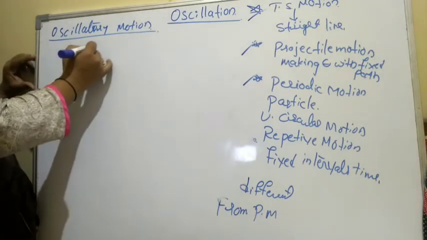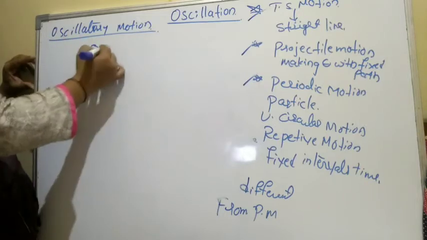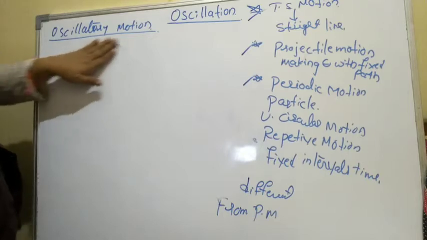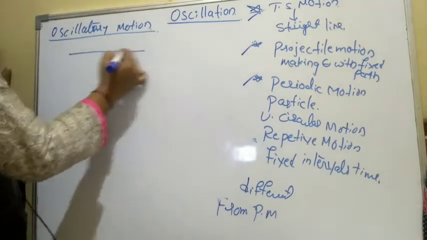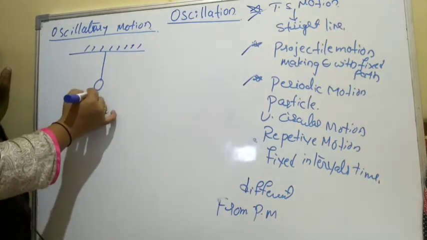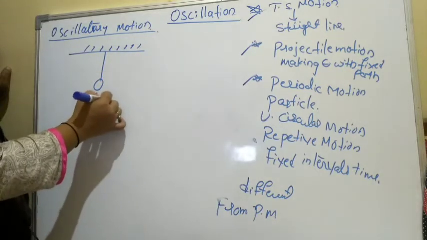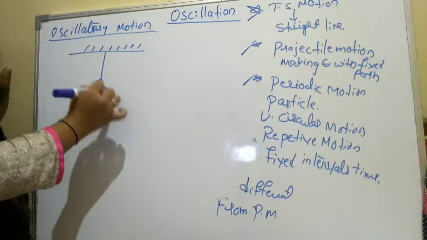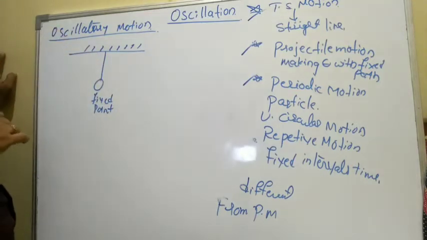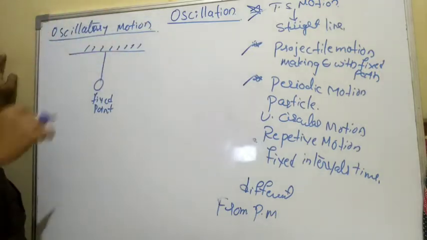So consider a bob, or pendulum bob, attached to a rigid body. I can say this is a fixed point. Why am I saying fixed point here? Unless you disturb this position, the bob will not move to the next position.